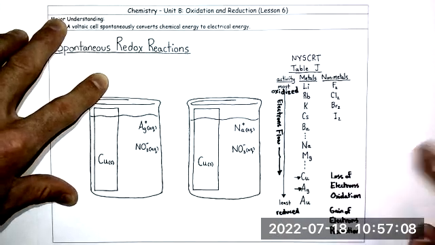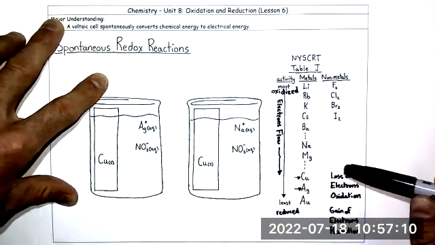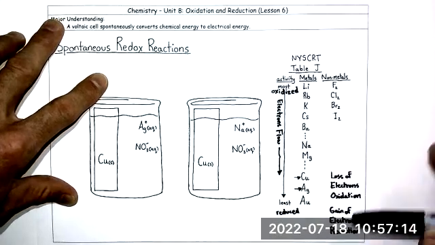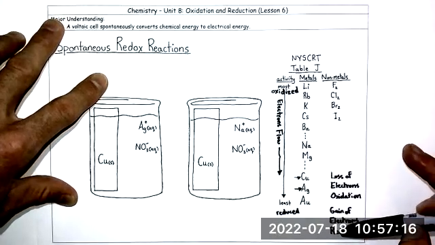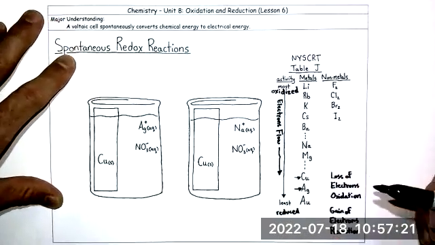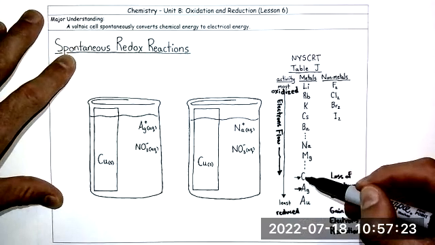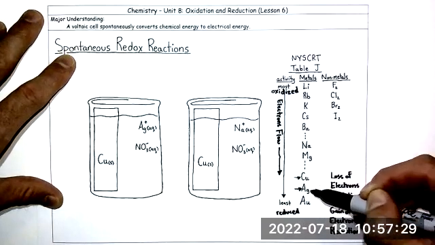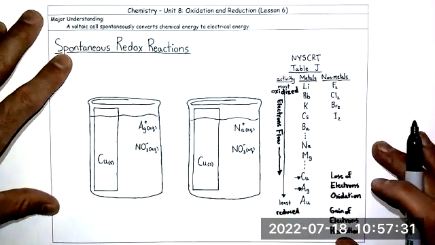Okay, and remember our memorization device of Leo says GER. So loss of electrons is oxidation, Leo, gain of electrons is reduction, GER. Okay, so here it's more likely that copper will lose electrons and transfer them to silver. So silver will be reduced and copper will be oxidized.